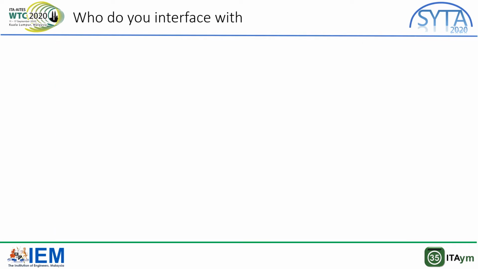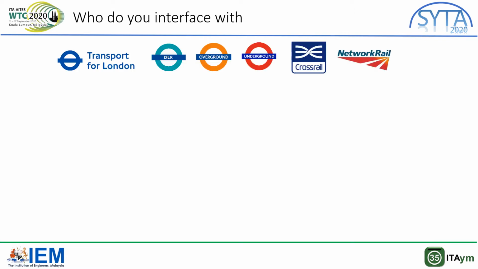So who do you interface with when you're trying to deliver a project? There's the obvious one, Transport for London and its subsidiaries, DLR, London Underground, Crossrail, but there's also Network Rail, which are a separate entity, by the way. But these are railway and major tunnel owners and bridges as well.